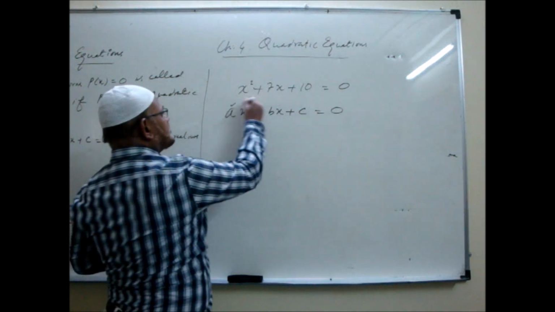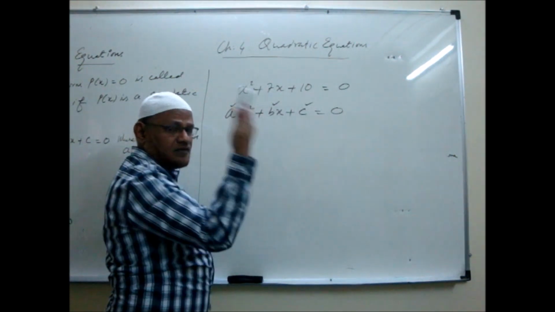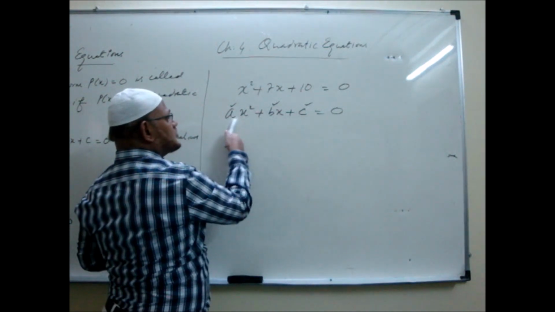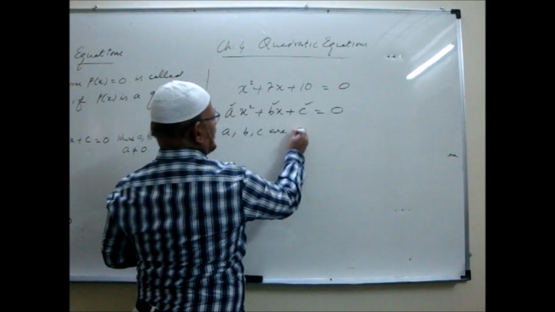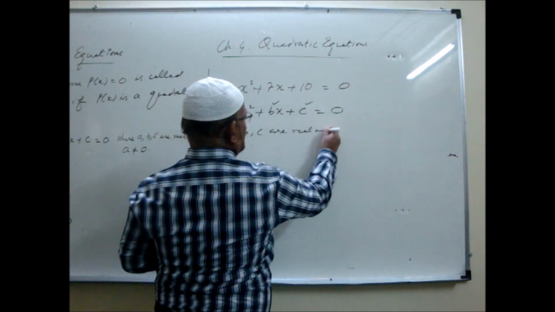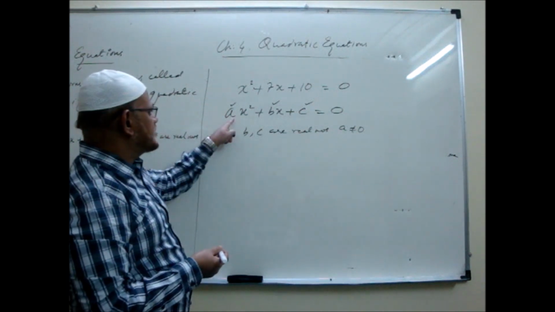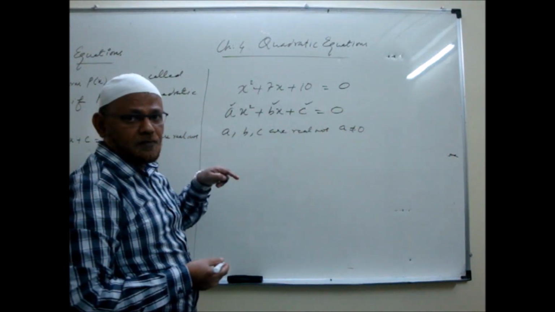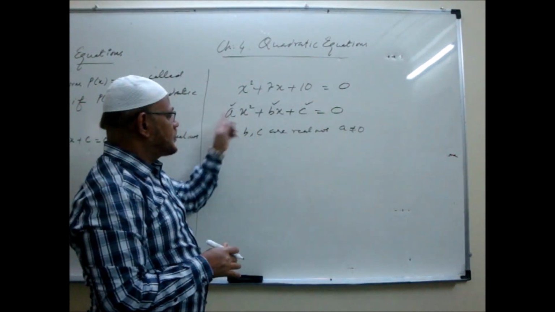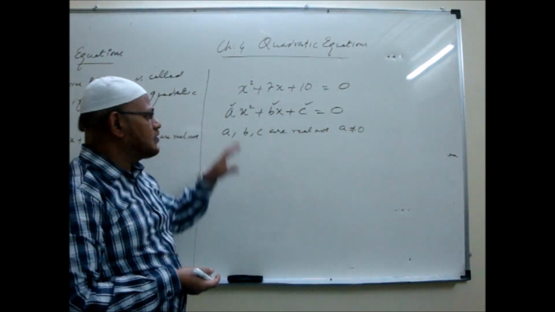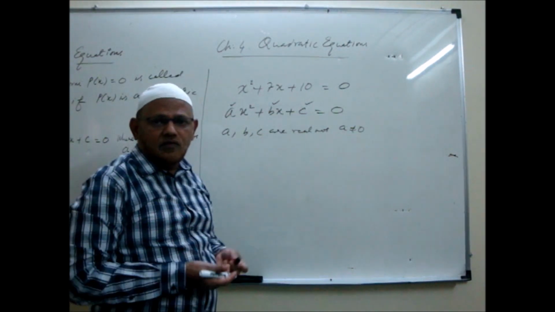Here A, B, C are any real numbers, like 1, 7, 10, but A should not be 0. If A is 0, then the x square term won't be there. If the x term and constant term are 0, no matter. The x square term should not become 0. Then only will it remain a quadratic polynomial and the equation become a quadratic equation.